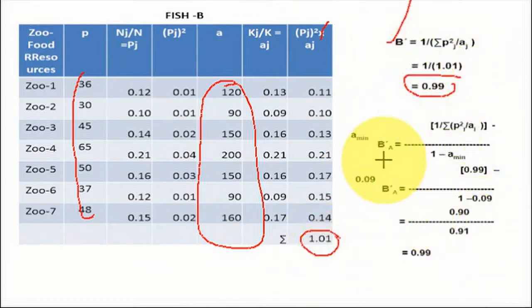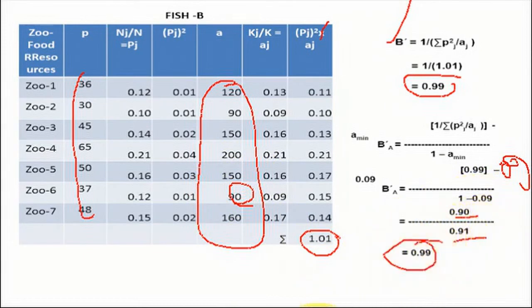So the standardized Hurlbert's diet breadth comes as 0.9 divided by 0.9. We have to subtract 0.09, the lowest number, the a min, from 0.99. So this is coming 1 minus 0.09, 0.90 and 0.91. This is 0.99, so it is obviously the highest.